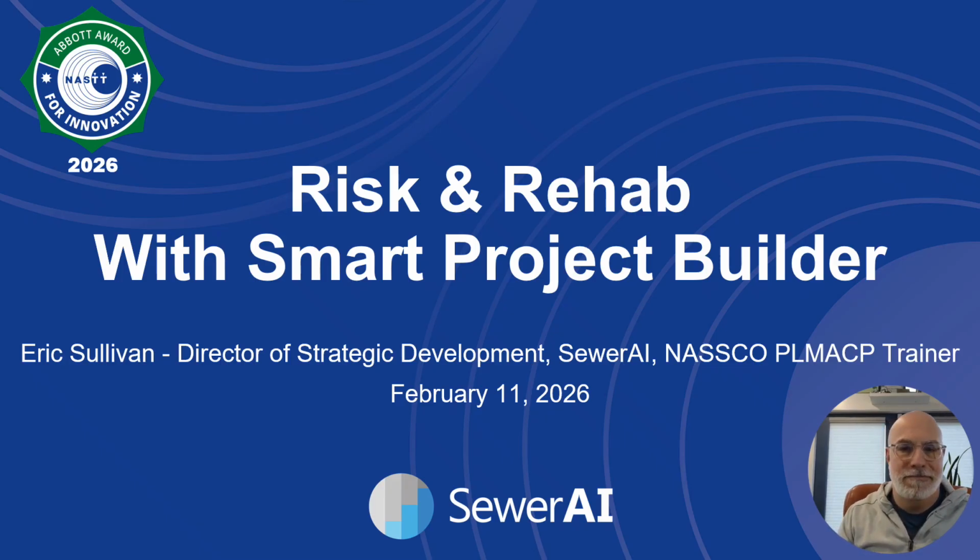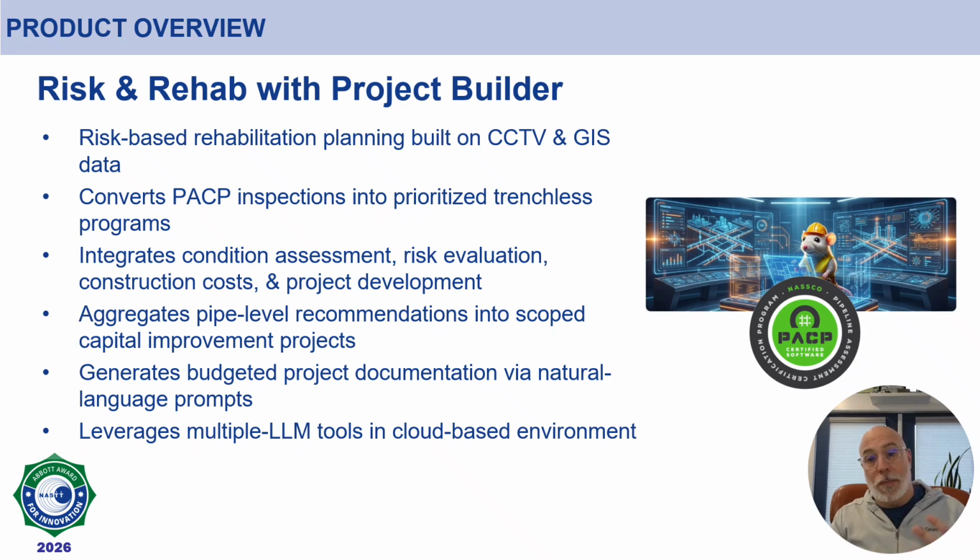Let's take a look. Risk in Rehab converts inspection data into continuously updated risk scores and rehabilitation recommendations. It ingests any PACP-coded inspection, but when paired with autocode, inspections can be processed at scale rapidly. That being said, manual PACP data can also work.